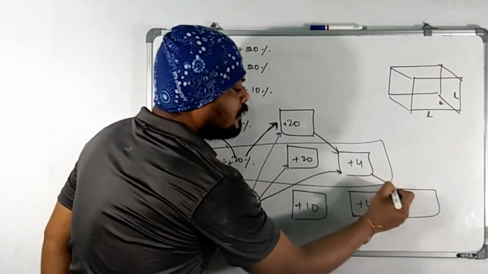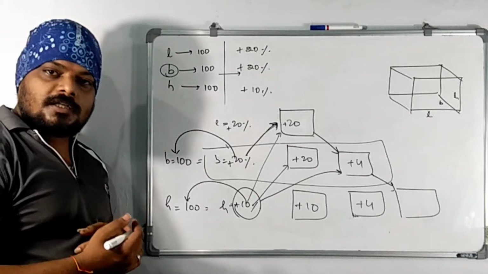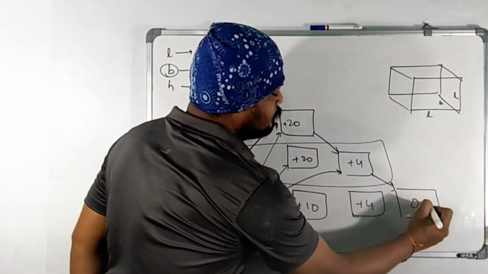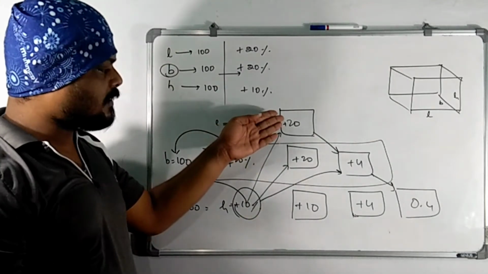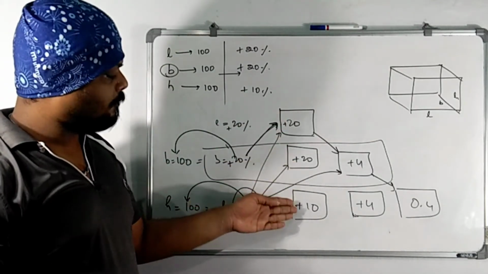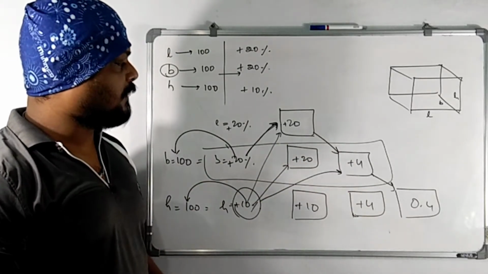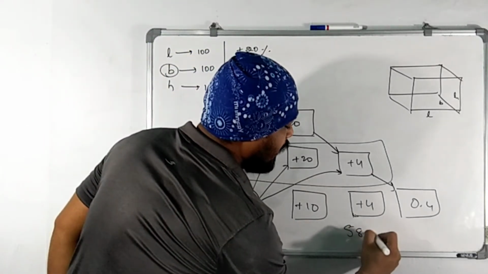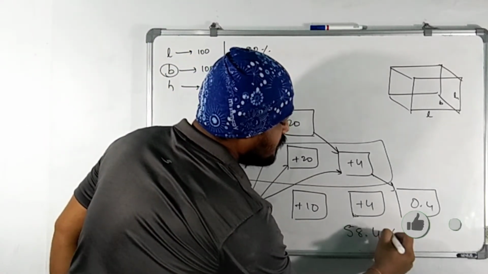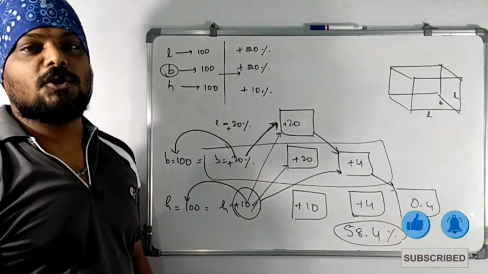So 10 percentage of 4 is what? 0.2. After you add all these things, you will get the answer. What is the answer? 20 plus 20 plus 10 is 50, 58, 58.4. 58.4 percentage is the total increased volume.